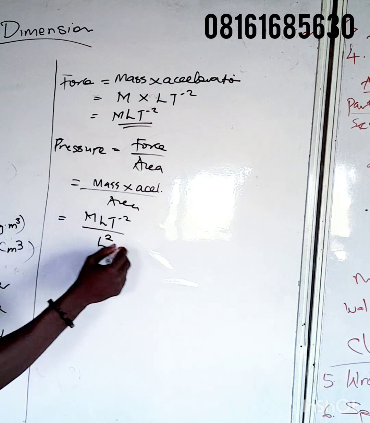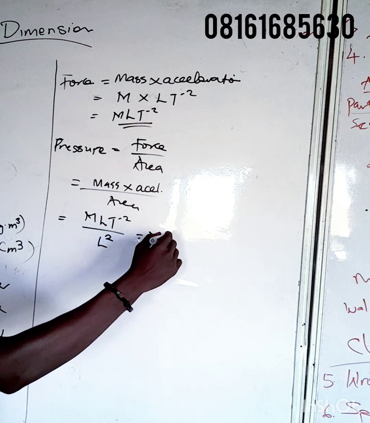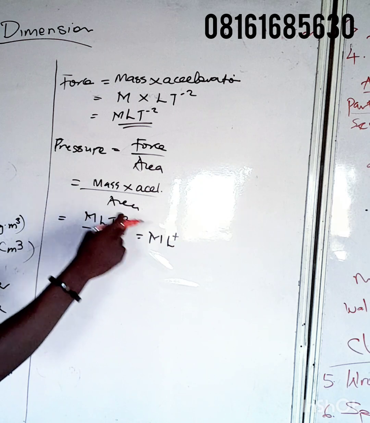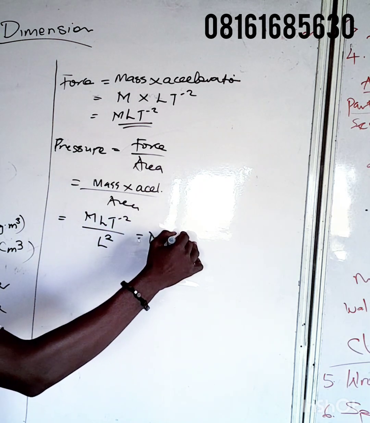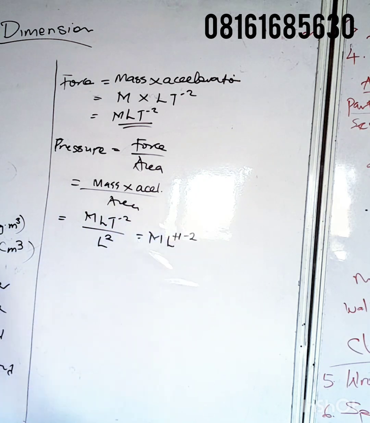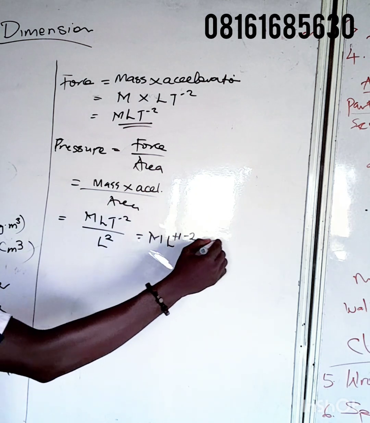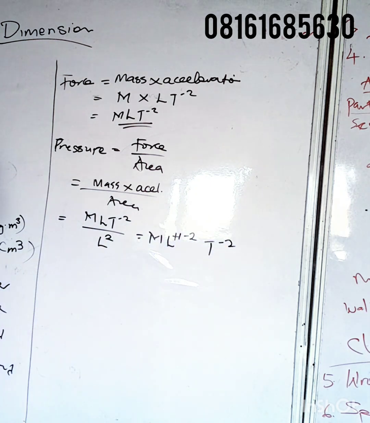This one will now cross up and you are going to have ML plus 1, minus 2, because this one is going up to give us T to the minus 2. Am I right?